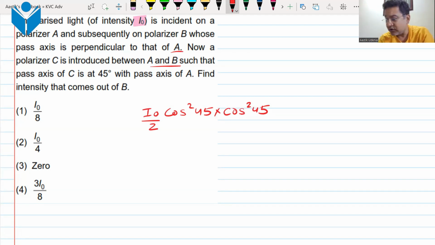Should not take much of rocket science to understand this. Cos 45 is 1 by root 2. Square is 1 by 2. 1 by 2 into 1 by 2 into 1 by 2. Nowhere I get 4. I only get 8. So that is the answer for this one.